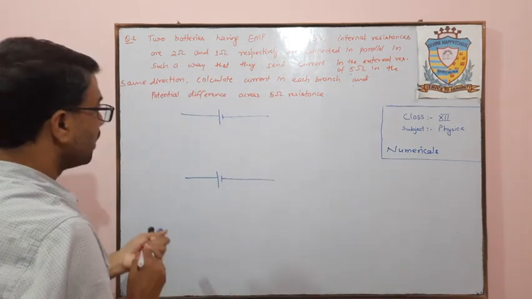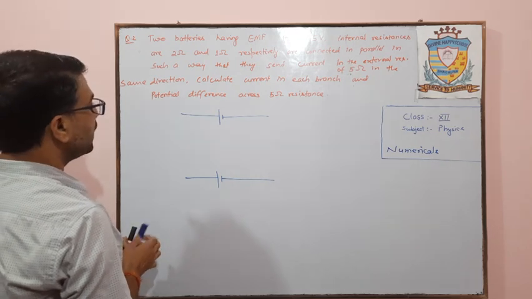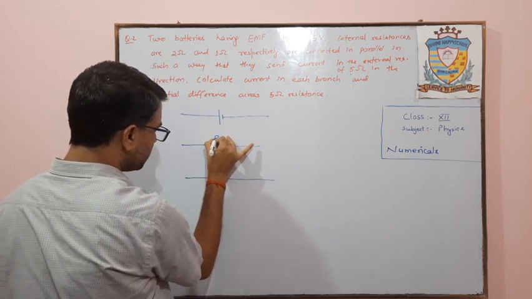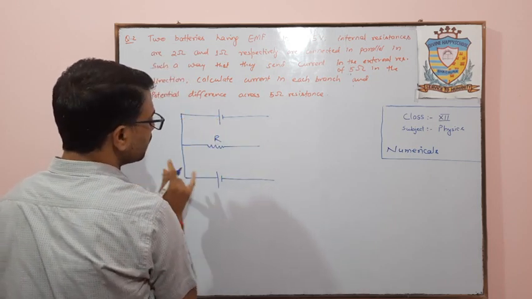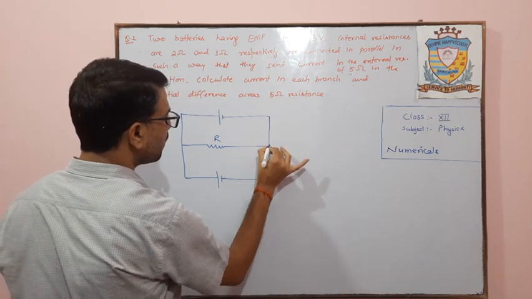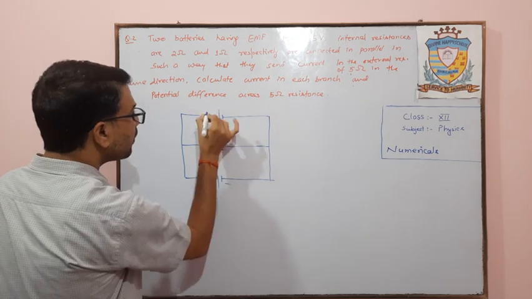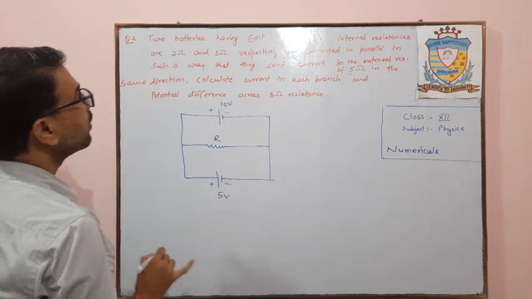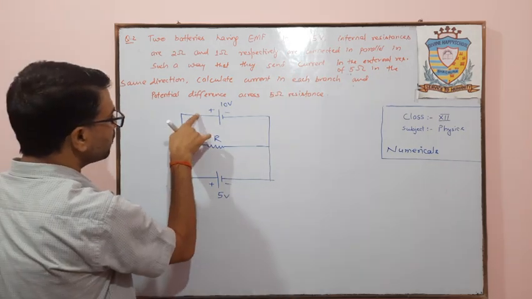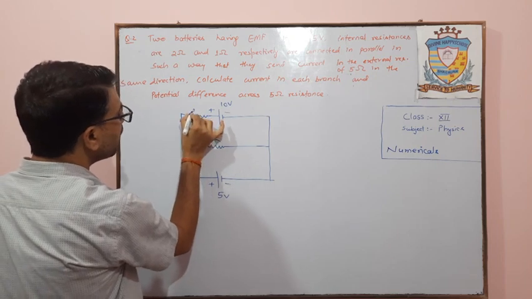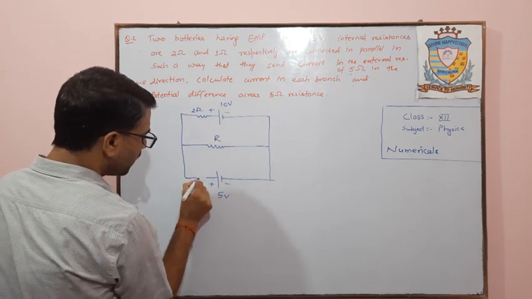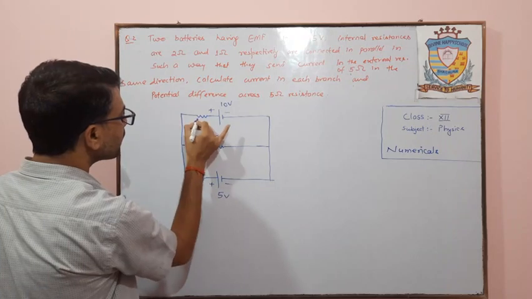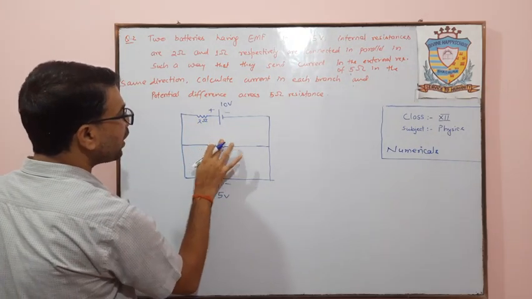Now, if it sends current in the external resistance R, with 10 volt and 5 volt having internal resistances 2 ohm and 1 ohm, we have to add the internal resistance over here, and the value of R is 5 ohm.